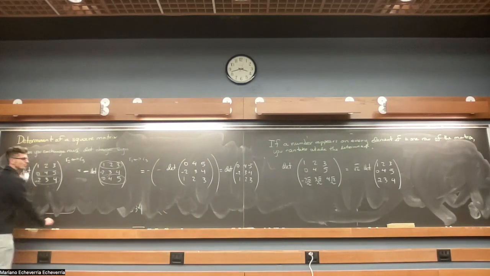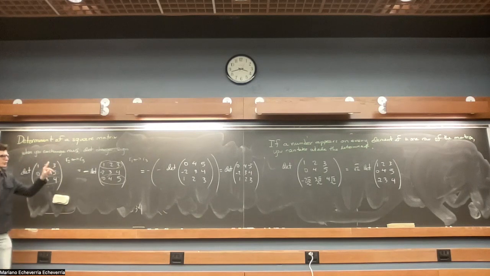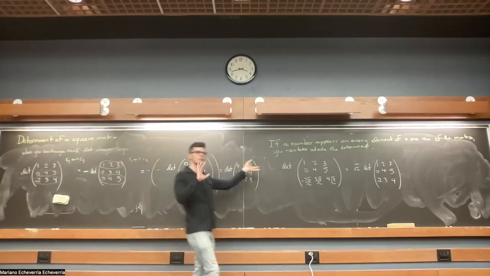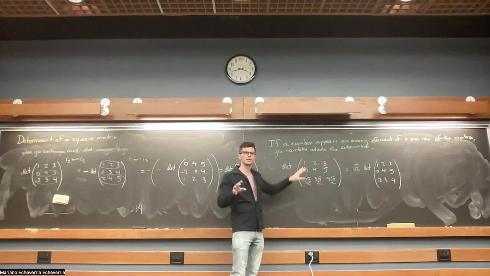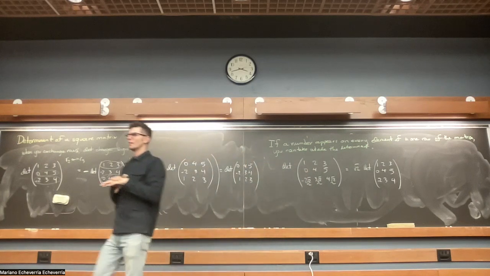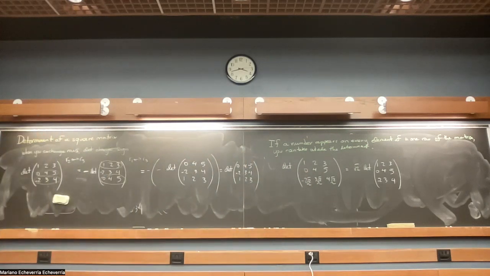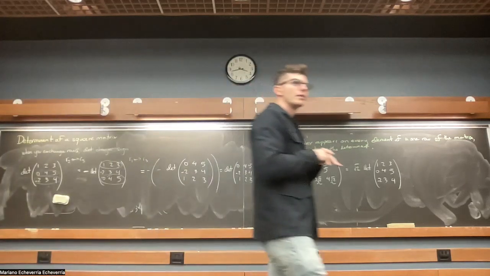The last property, so this is switching rows. This is the analog of multiplying a row by a number. You should think about it that way. What was the last operation we would use when we were reducing a matrix? Right, we had this combination of rows. And the cool thing is that the determinant is blind to it.